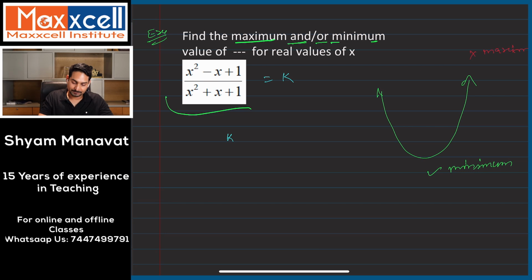Now if you simplify it by substituting equal to k, if you simplify this, you can say यहाँ तक ठीक है ना.